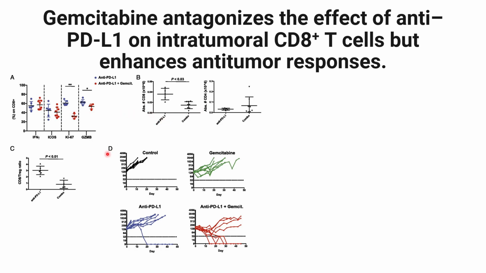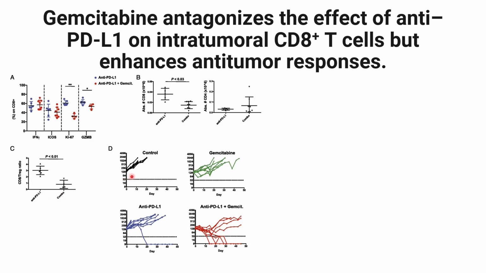And when they check this CD8 plus Treg ratio, it is also decreased, since the amount of CD8 plus cells is decreased. So in this case they expect that the combined therapy will not work well compared to the case of single agent therapy.